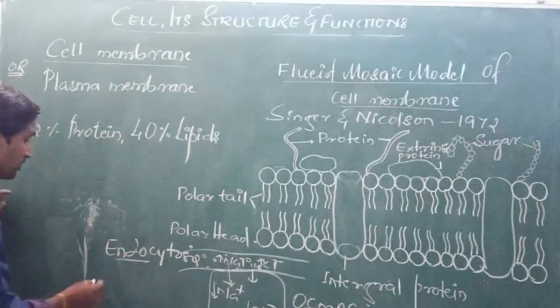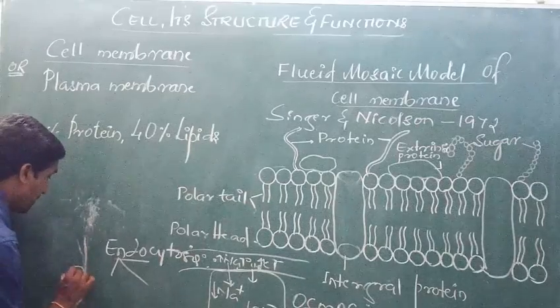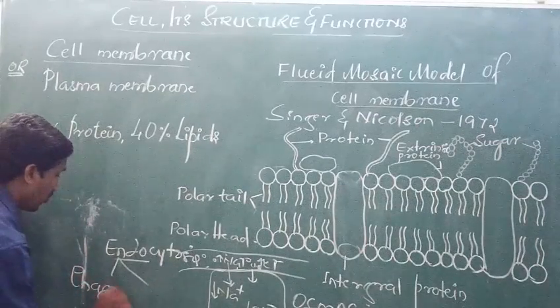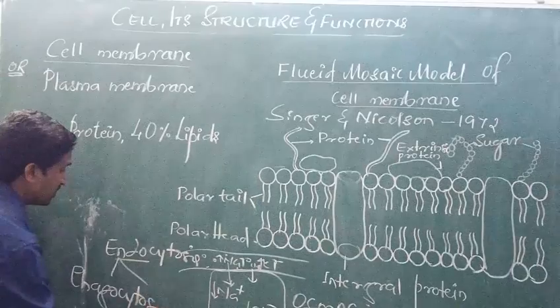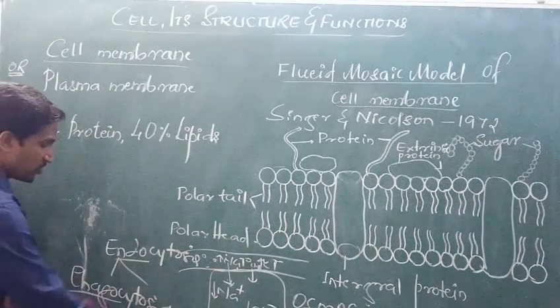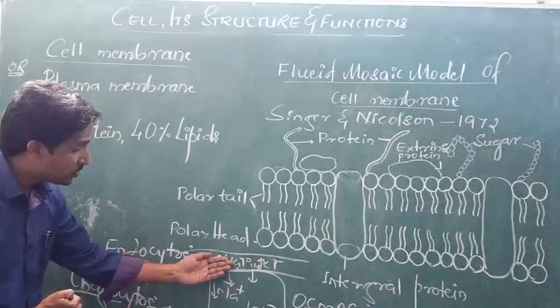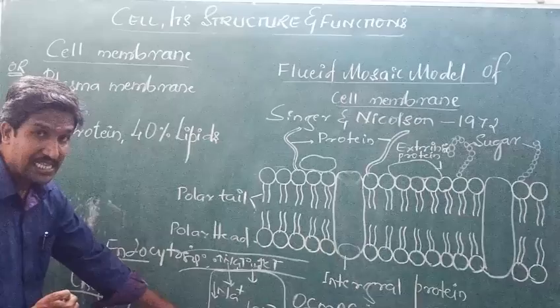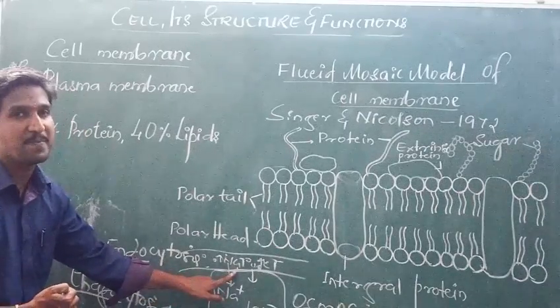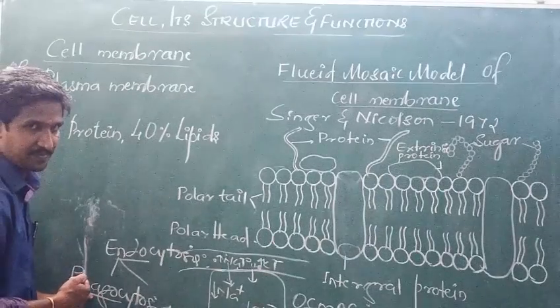So endocytosis consists of two phenomena. One is phagocytosis. Phago means to eat, cytosis means cell: cell eating. The cell taking solid material into the cell through the help of the plasma membrane is called phagocytosis.